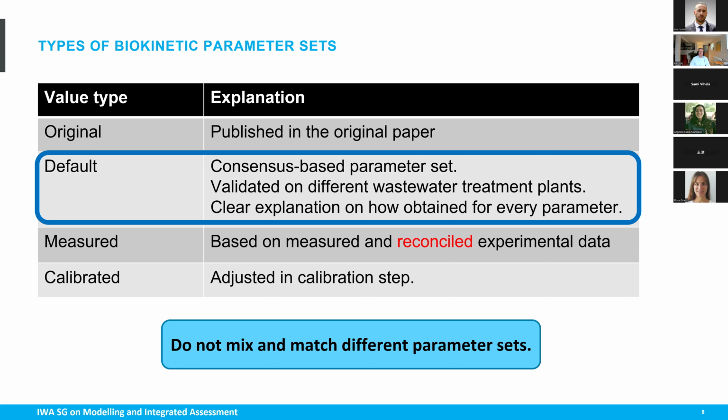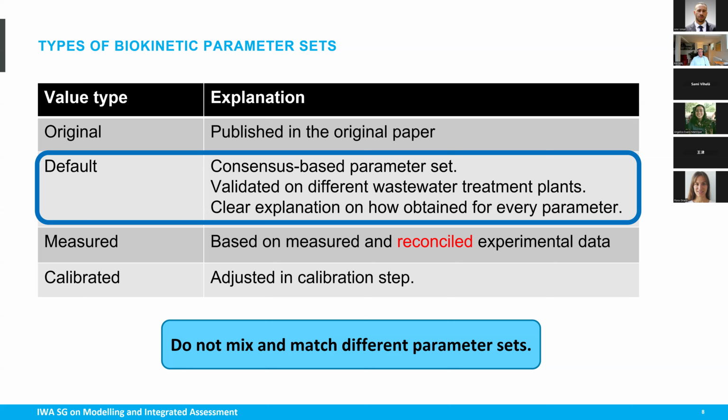So you have that for ASM1, ASM2D, and ASM3. There are other consensus-based parameter sets, and they are typically much, much better than the original ones. For example, ASM3 is completely wrong. You will not be able to get proper results out with the original parameter set. But again, there are several default parameter sets out there.